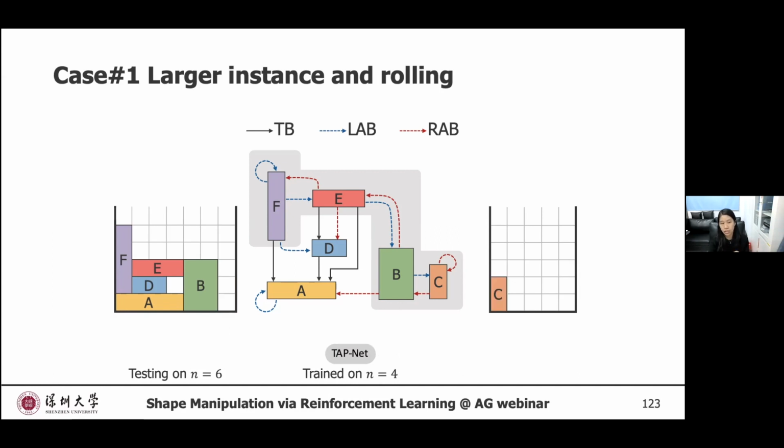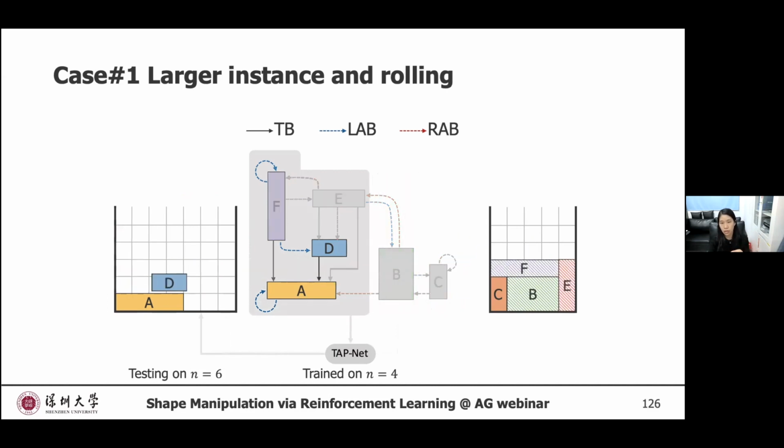Once this object is removed, we can add 1 more object into our network, and this process iterates until all the boxes are packed.